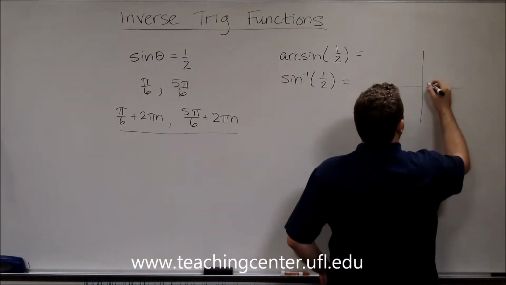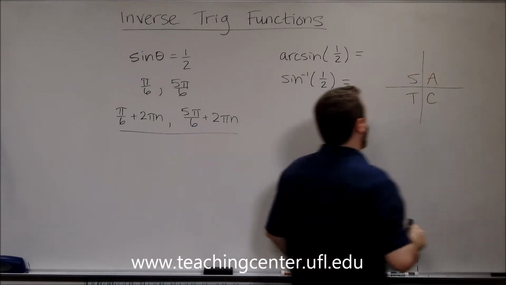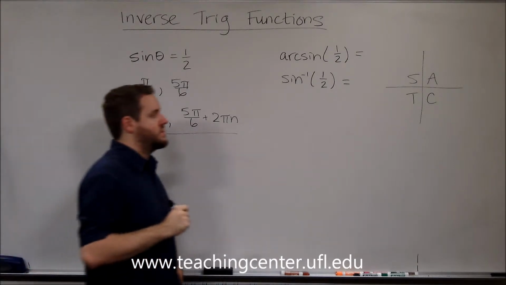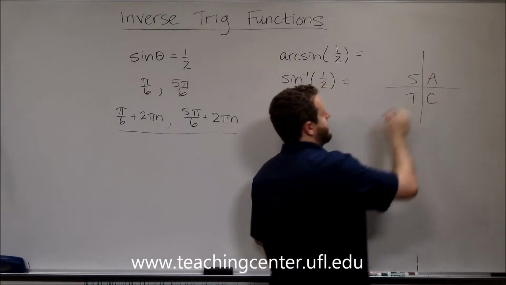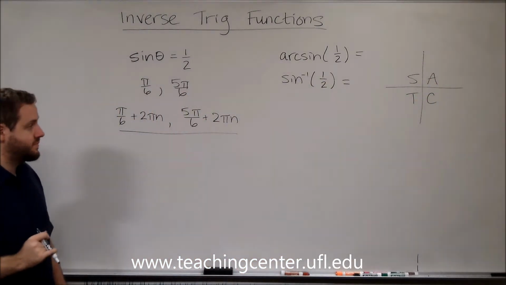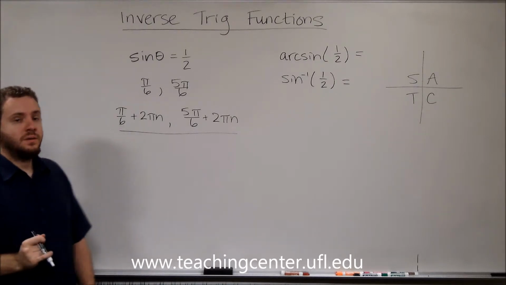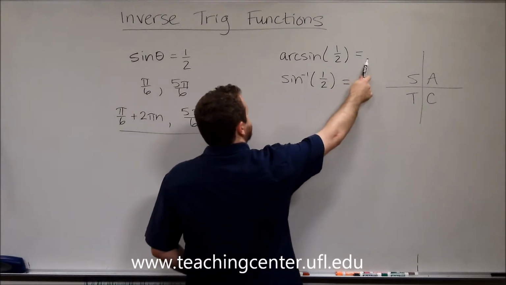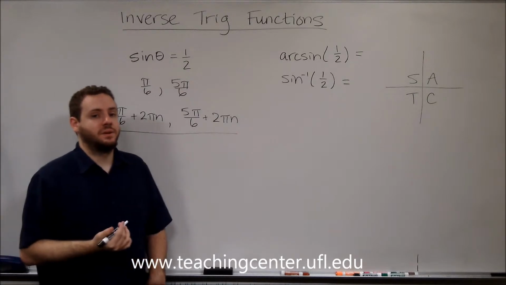So on the unit circle, we can use our mnemonic, all students take calculus, for knowing which trig functions are positive: all, sine, tangent, cosine. It's just mathematical convention to say, all right, we need to describe this function arcsine, but we can only have one answer.